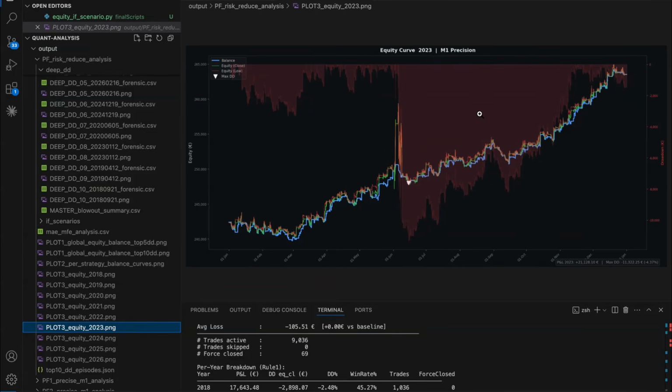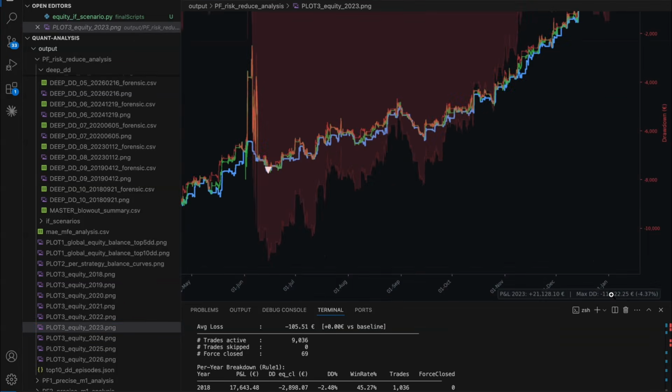And so I found out that on my portfolio, in certain years, like this year here, there were huge equity drawdowns. But it's not the negative side. If you're trading with a prop firm, you don't really care about this type of drawdown, because this is a positive equity drawdown. It means that your unrealized profit went up to, in this case, 8k.